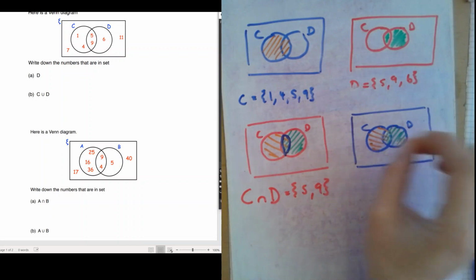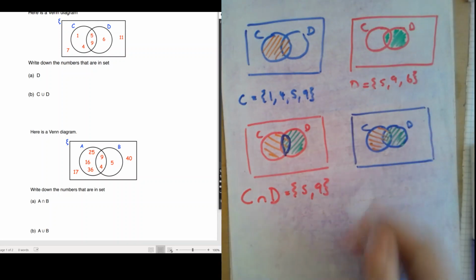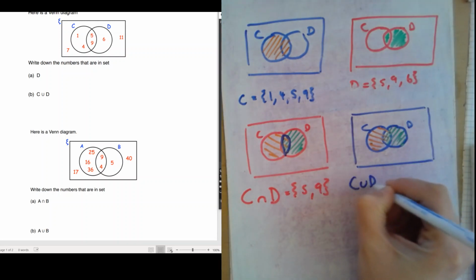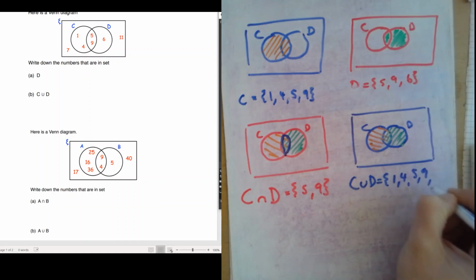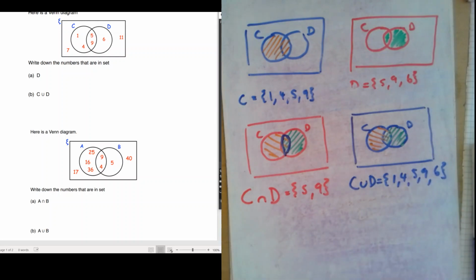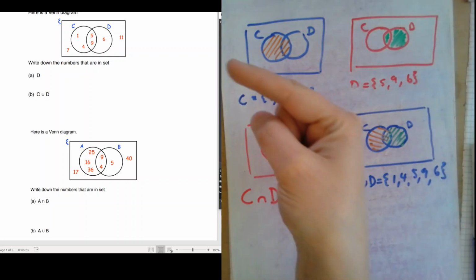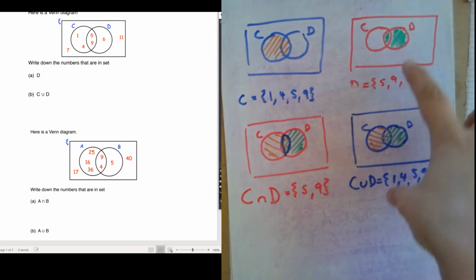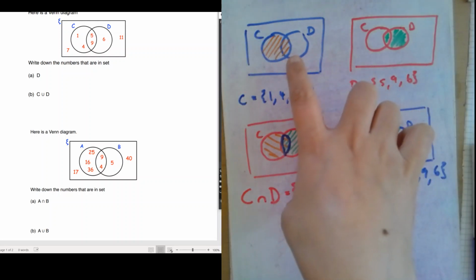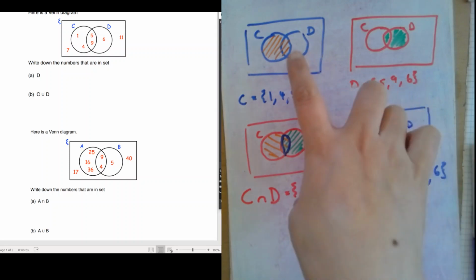I'm taking both of those sets and combining them together. So that would be C or D, which is 1, 4, 5, 9, 6. Okay, so I know that question only asked for D and C or D, but I just felt it important to cover these as well.